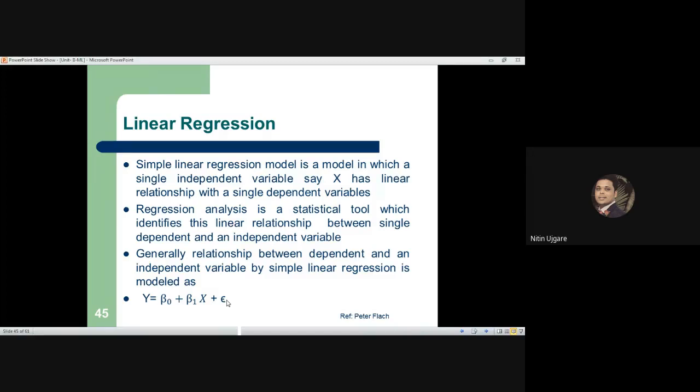This small misclassification or error component is represented by epsilon. So epsilon indicates the random error component. It may be present in terms of error, in terms of noise in the data set, or maybe in the model.